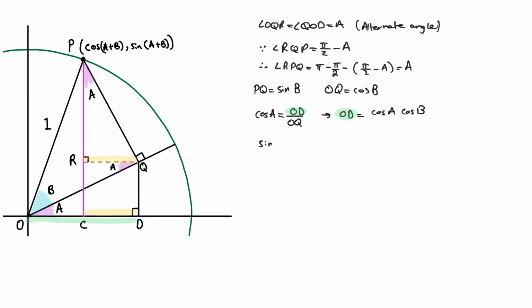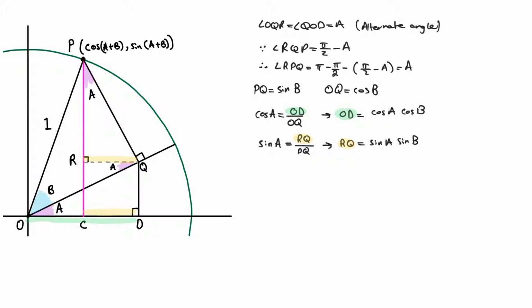So sine A in the triangle above is equal to RQ over PQ, and that makes RQ equal to sine A multiplied by PQ, and PQ is just sine of B. Now I will highlight RQ so you can see how it corresponds.